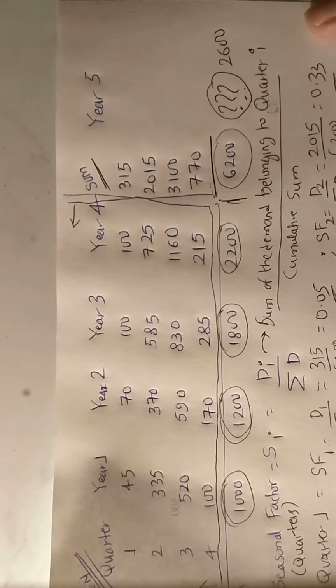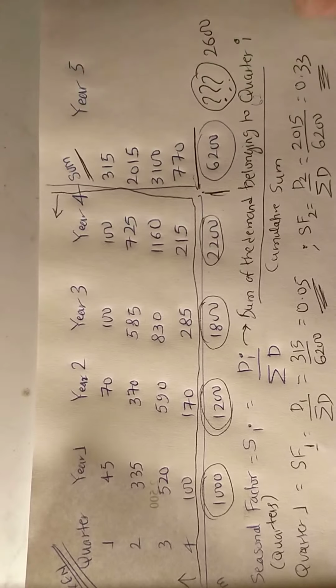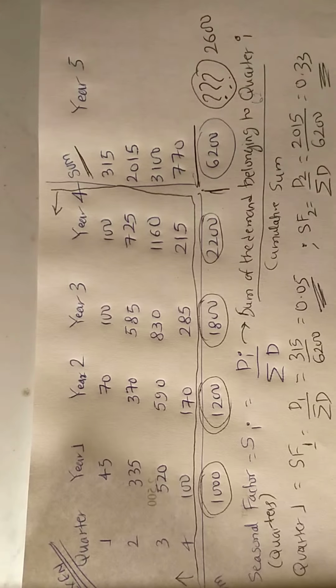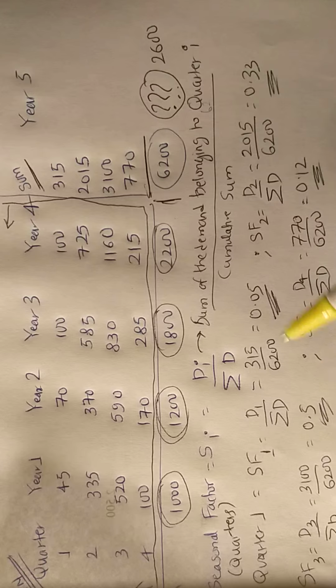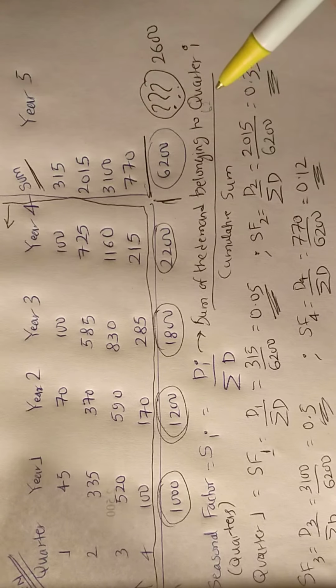Now is where we use our seasonality factor to distribute this demand across the various quarters. That's the advantage of using the seasonality factor. Now we are capable of using these numbers to distribute this total demand across the different quarters.